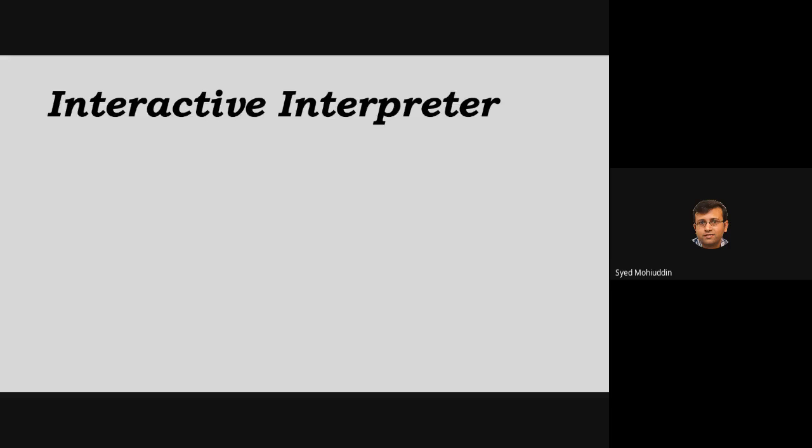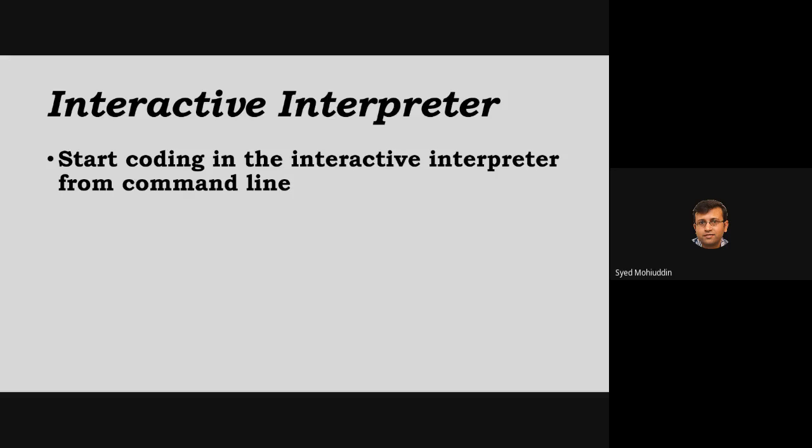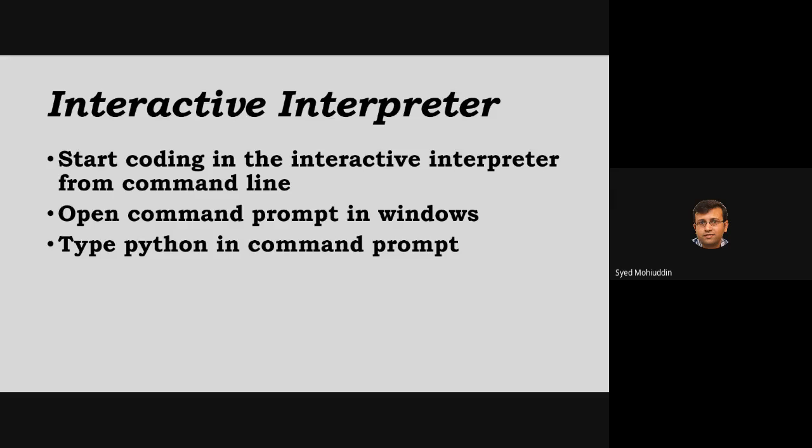For the interactive interpreter, as I told you, we can start coding from the command line itself. We can just open a command prompt and type python. Once you type python, you will get the three angle brackets, that is, three greater-than symbols.